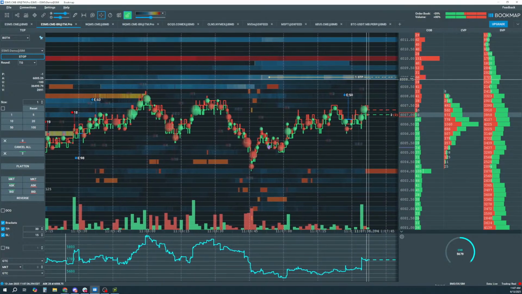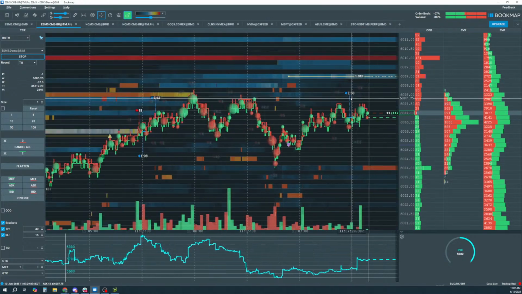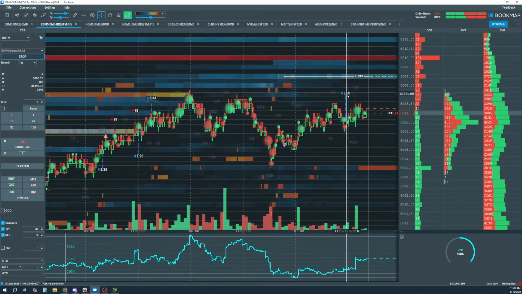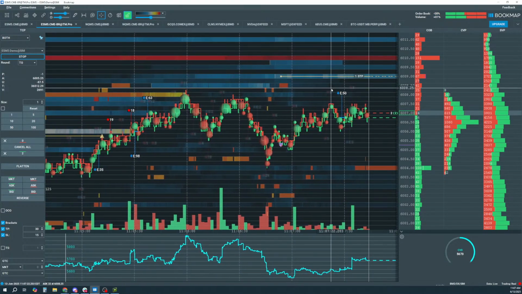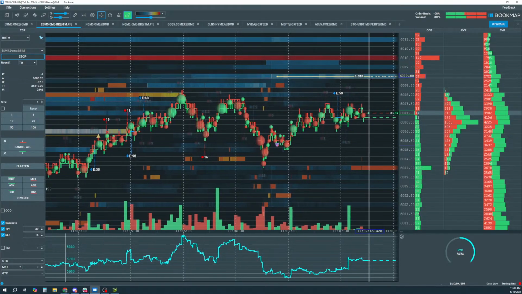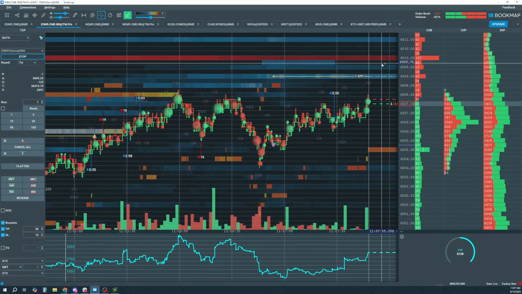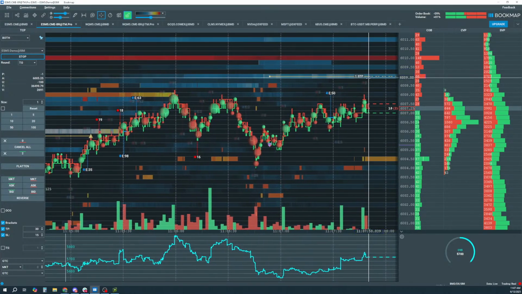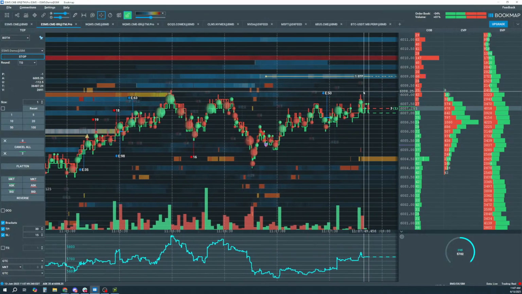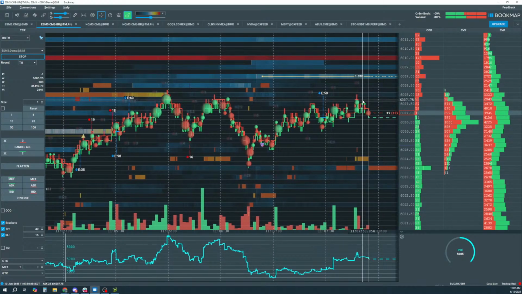And they're not exhausting. Okay, we do have an iceberg here. And it's just grinding higher.